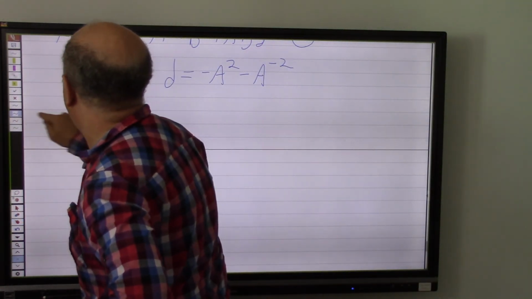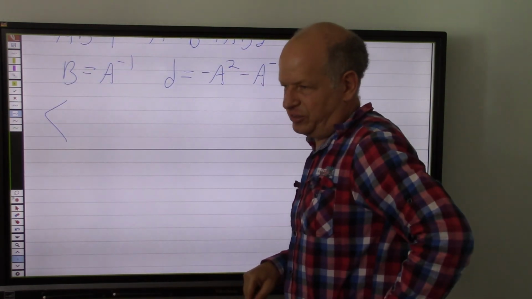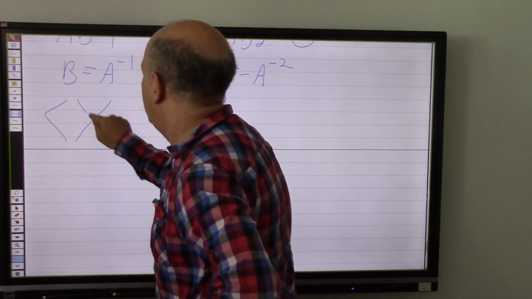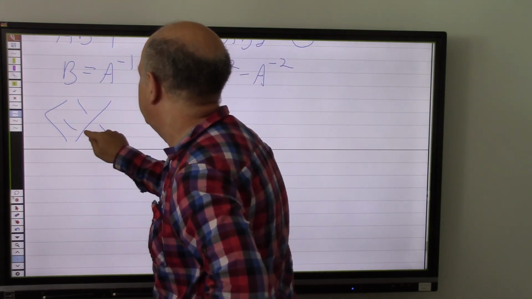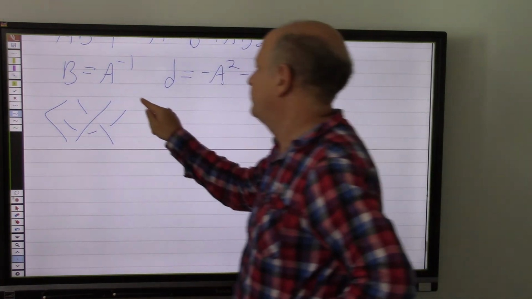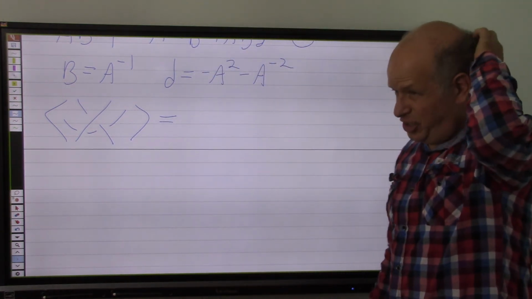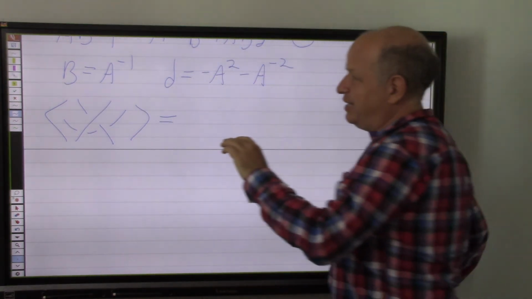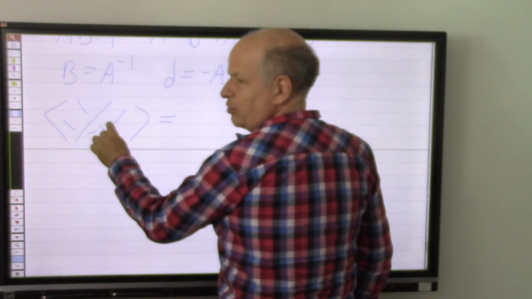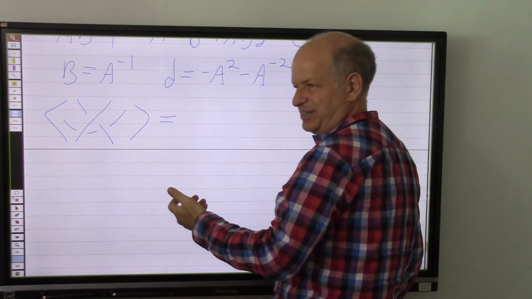So let's compute the bracket of the left-hand side of a Reidemeister 3. A priori, it seems like a hard computation because there are 3 crossings, which means that there are 8 smoothings.